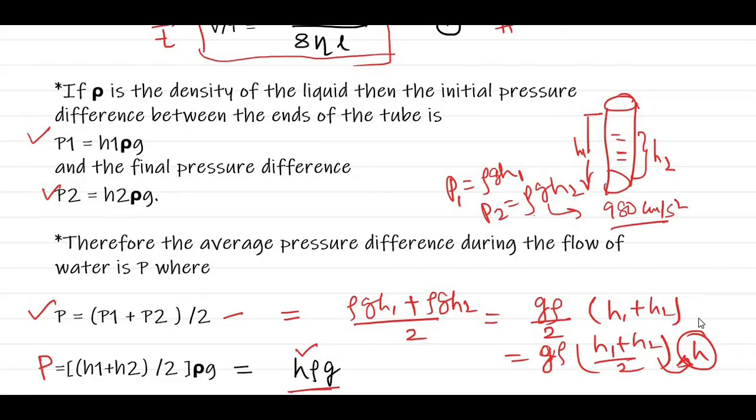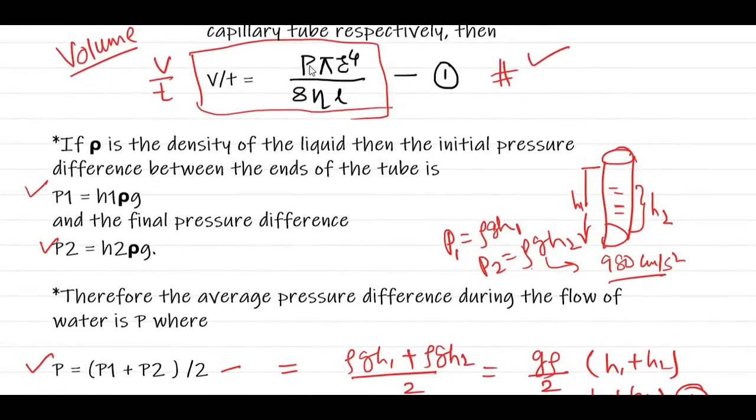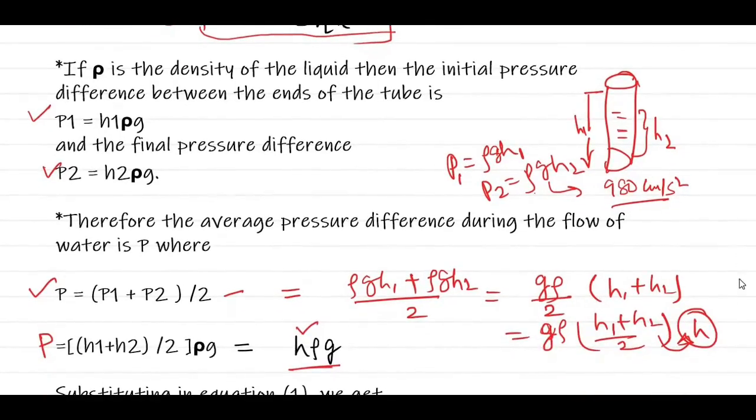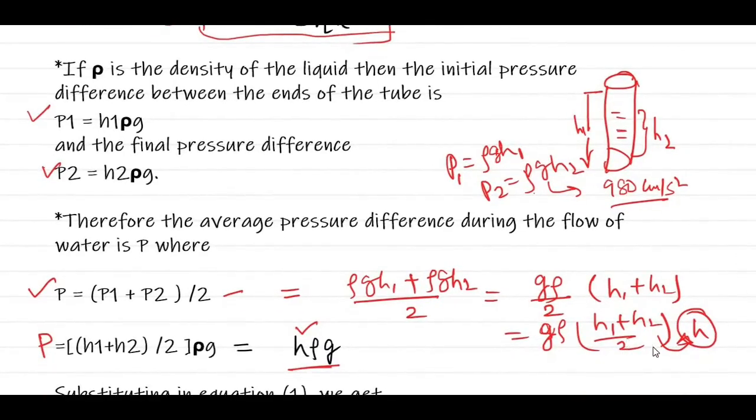As we have written in equation 1, we want the pressure. One thing is clear to us, the pressure is simply rho g h, where h we find by taking the average of the two heights.